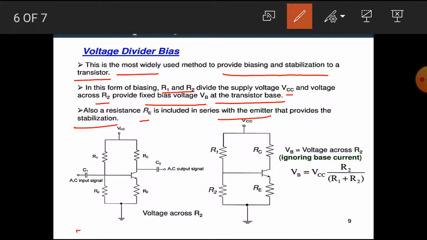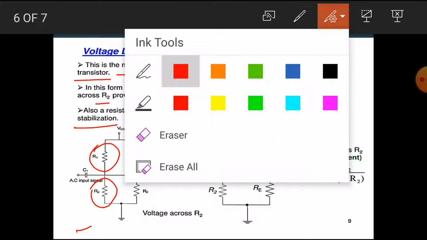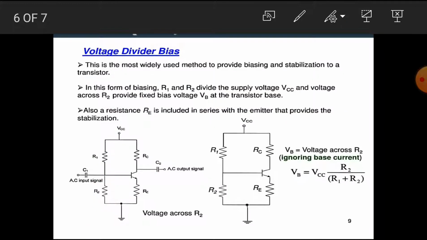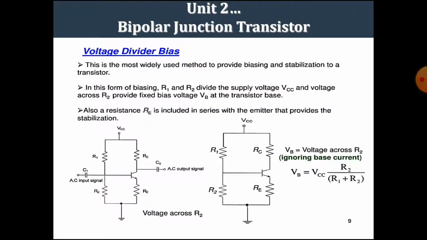This circuit diagram is the arrangement of voltage divider bias, where resistors R1 and R2 are used for the voltage divider bias arrangement. In this arrangement, the resistor R2 provides fixed bias at this point.